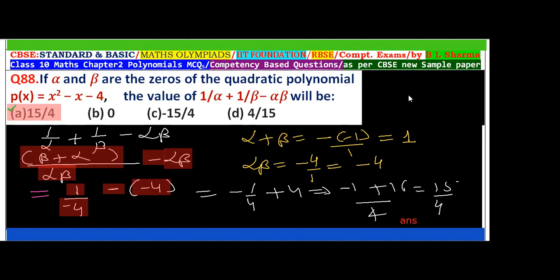I think it is clear to you. हमें दो फॉर्मूला का पता होना जरूरी है, sum of zeros and product of zeros. Sum of zeros is given by negative of the coefficient of x divided by coefficient of x square, and product of zeros is c upon a, meaning constant term upon coefficient of x square. Now next question on your screen.